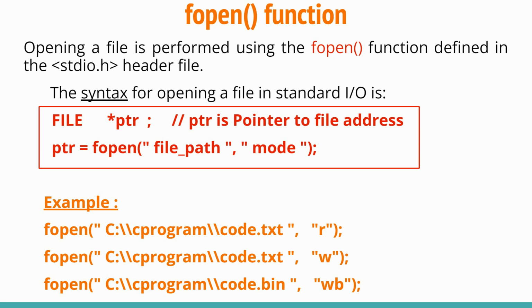And one more difference is binary files are stored with a .bin extension. So C program folder code.bin. Here we will have the binary file. So this is an important function, fopen. So if they ask about fopen, you can explain the syntax and give a few examples.